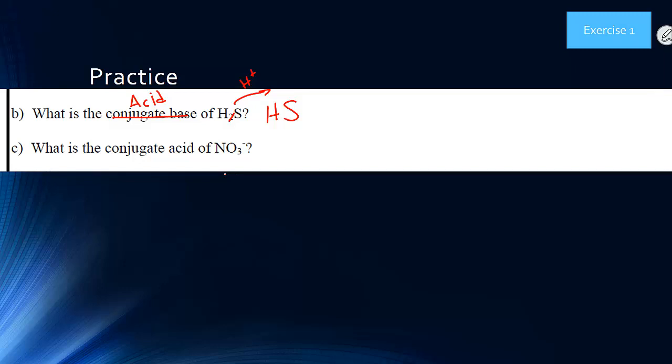So the conjugate base of hydrosulfuric acid would be bisulfide. If we want the conjugate acid, that means it was a base in the forward reaction. To be a base, you have to accept a hydrogen. So if nitrate were to accept a hydrogen, it would become nitric acid.